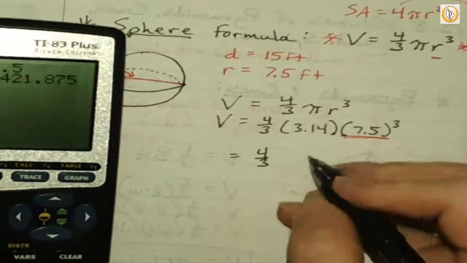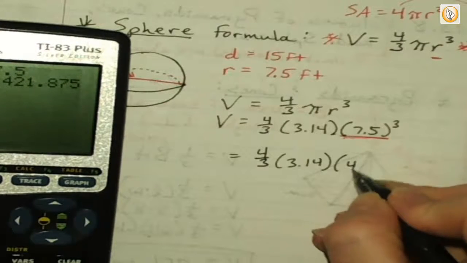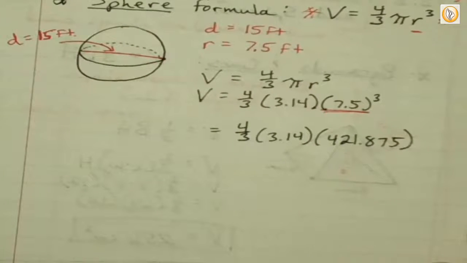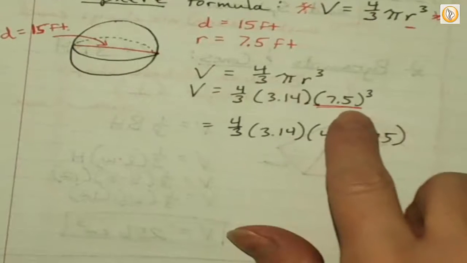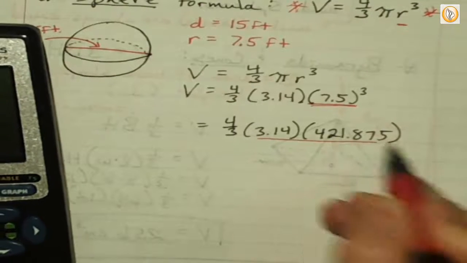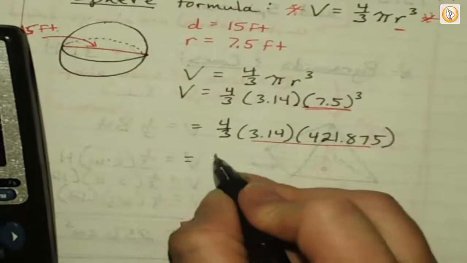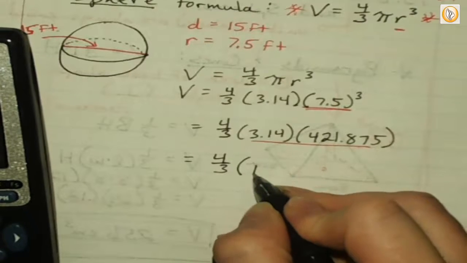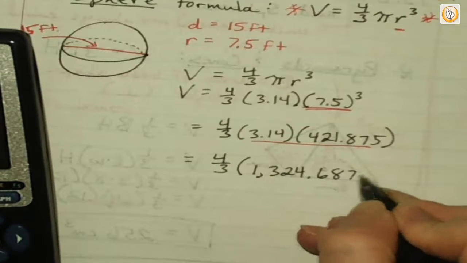Just a second. I'm going to write this down. So you want to do your calculations, especially if you have the calculators from inside the classroom or even on your phone sometimes. You want to do this step first. Then the next step is going to be to multiply those two. And you get 4 over 3 times 1,324.6875.